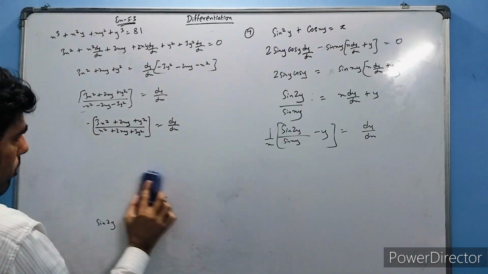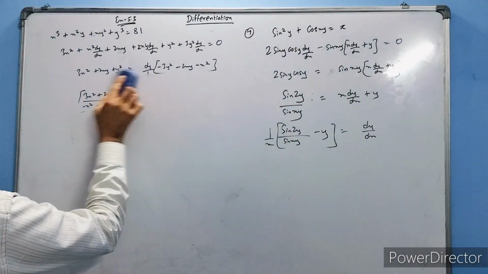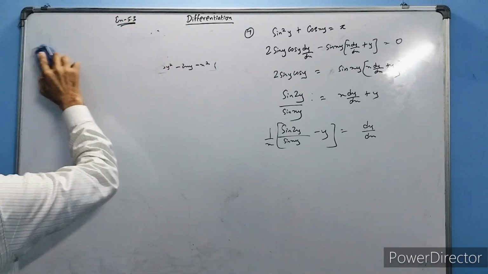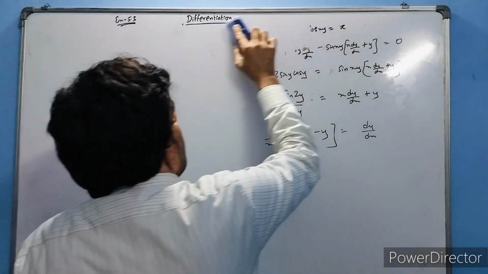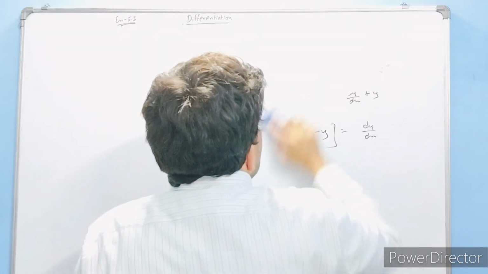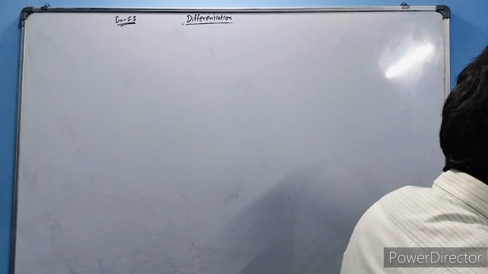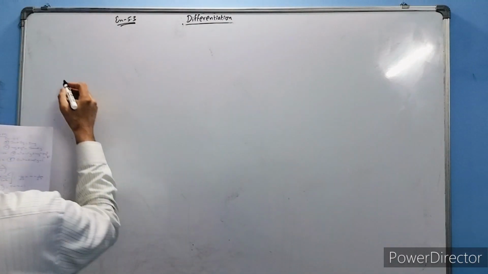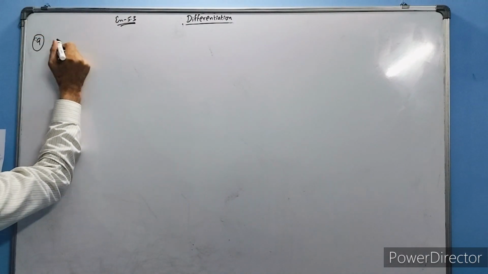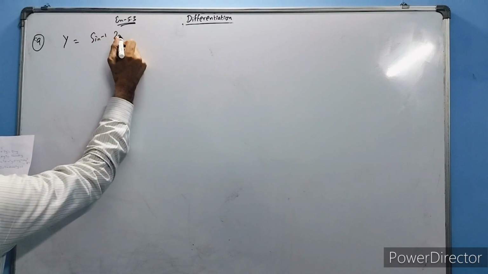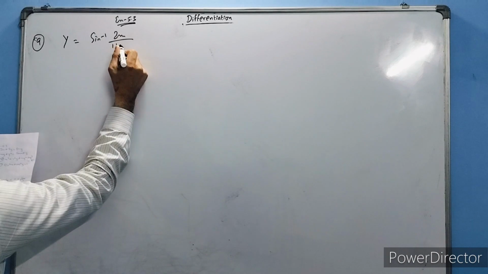We have solved 8. Now let us see what we have in the 9th question. We have y is equal to sin inverse 2x upon 1 plus x square.